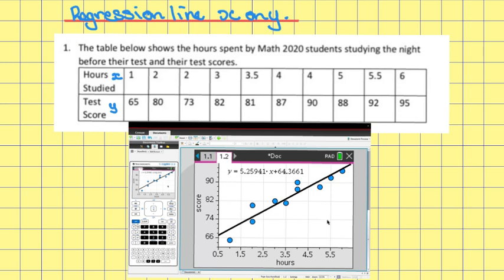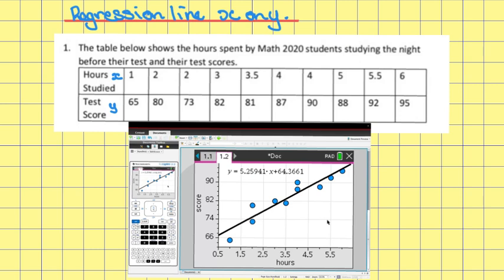And the equation of that line is y equals 5.25941x plus 64.3661.